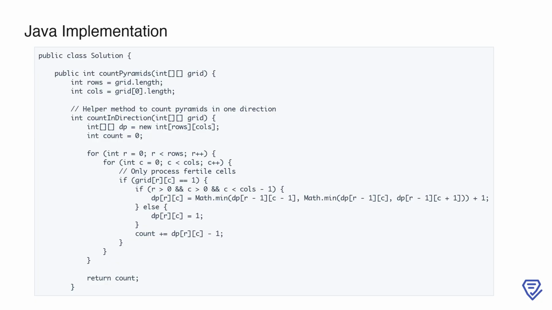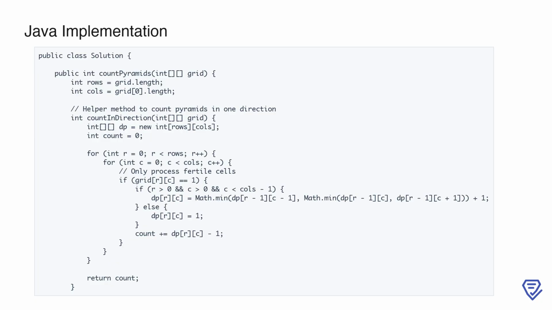Inside this method, we create a 2D array DP to store the maximum height of a pyramid that can be formed at each cell. We also initialize a variable count to keep track of the number of pyramids. The nested loops iterate through each cell in the grid. If the current cell is fertile, we calculate its potential height as a pyramid top by checking the cells directly below and diagonally below it in the previous row.